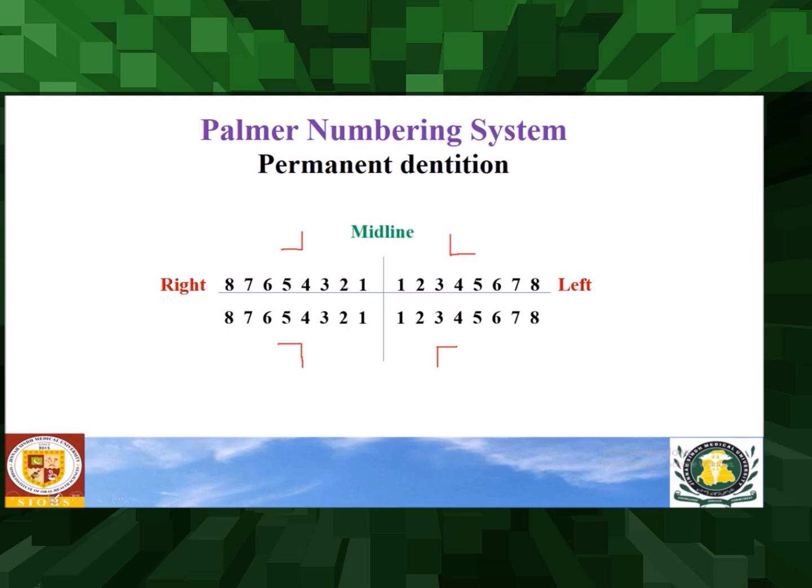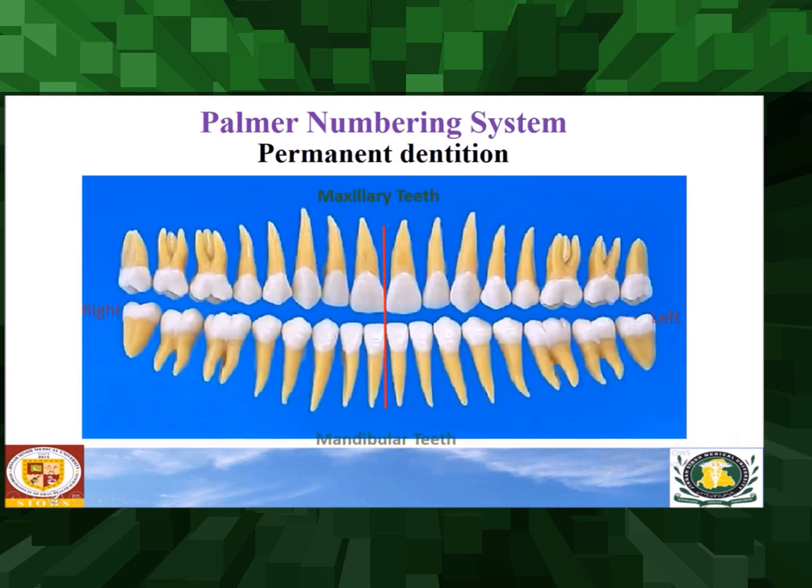Now we will do some exercise of the Palmer notation system on the permanent dentition. So this is the complete permanent dentition. This is the maxillary complete arch of the permanent teeth, and this is the complete mandibular arch. So there are 16 teeth in the upper arch, and in the mandibular arch there are 16 teeth, 8 in each quadrant.